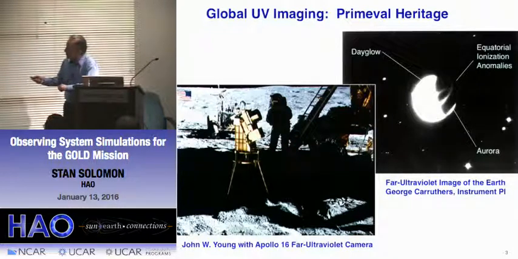The illuminated disk here is the dayglow caused by sunlight impacting the upper atmosphere, causing photoelectrons and exciting the O2, the N2, the molecular nitrogen and oxygen emissions. This is the aurora in the southern hemisphere. From the tilt of the Earth, you can see the southern hemisphere in this, and these are the ionosphere. This is the equatorial ionization anomaly that's very prominent at night. Of course, the ionosphere is also glowing during the day, but it's drowned out by the dayglow.